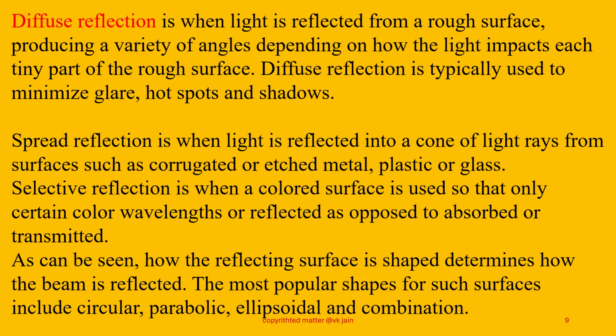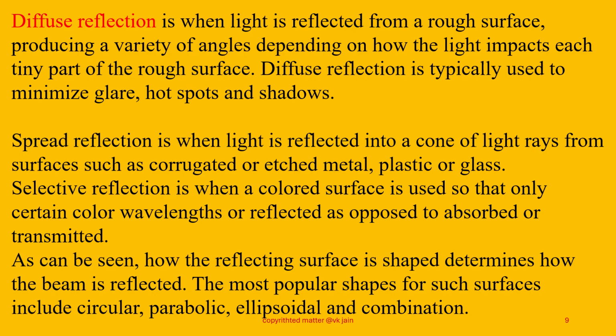Friends, diffuse reflection is when light is reflected from a rough surface, producing a variety of angles depending on how the light impacts each tiny part of the rough surface. Diffuse reflection is typically used to minimize glare, hot spots, and shadows, as said earlier.